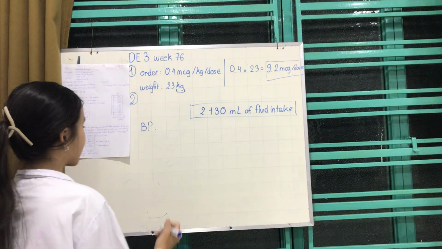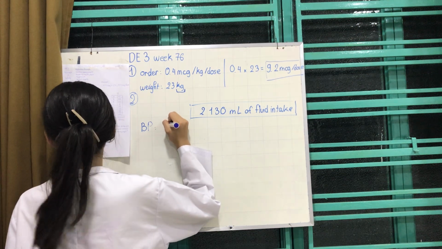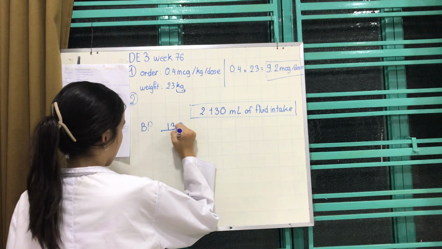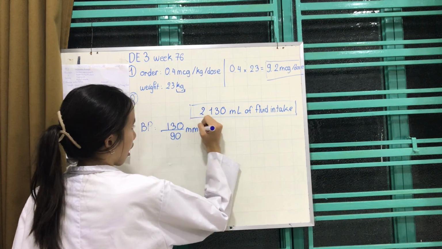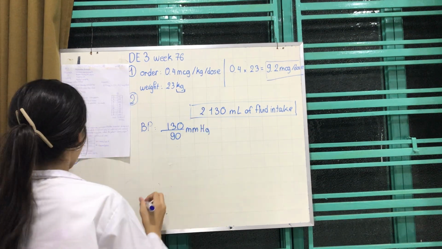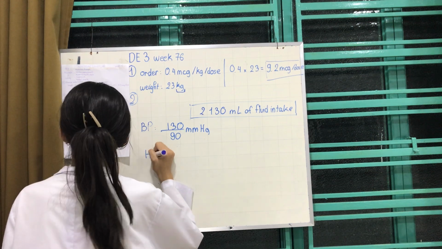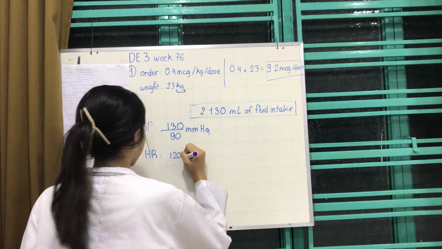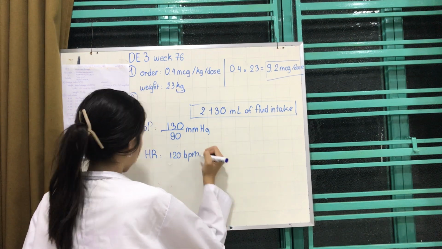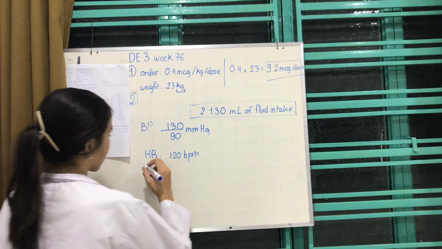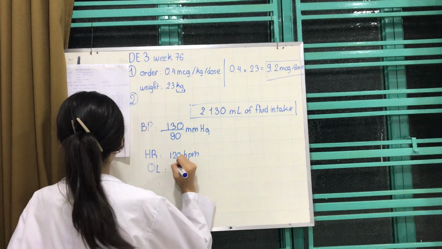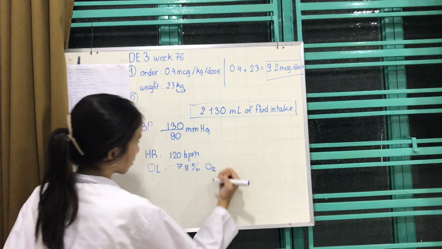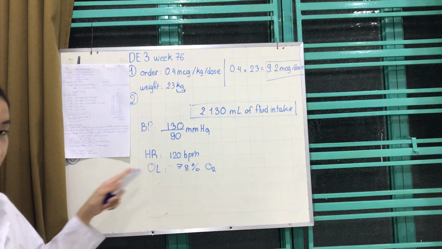So let's say, for example, a person with a blood pressure of 130 over 90 millimeters of mercury, and his or her heart rate is 120 beats per minute, and also oxygen levels are 78%. So that is an abnormal person.